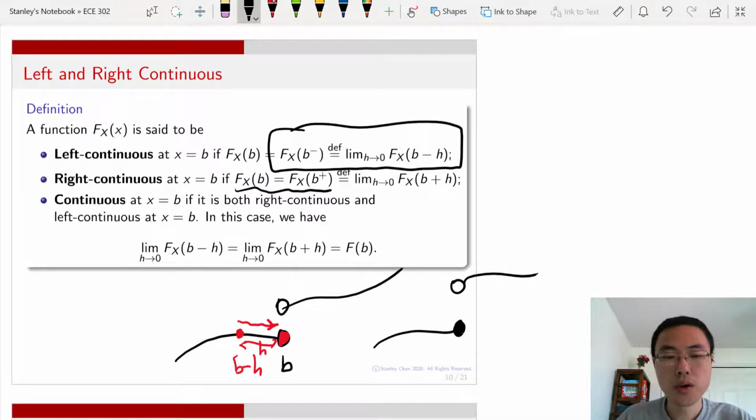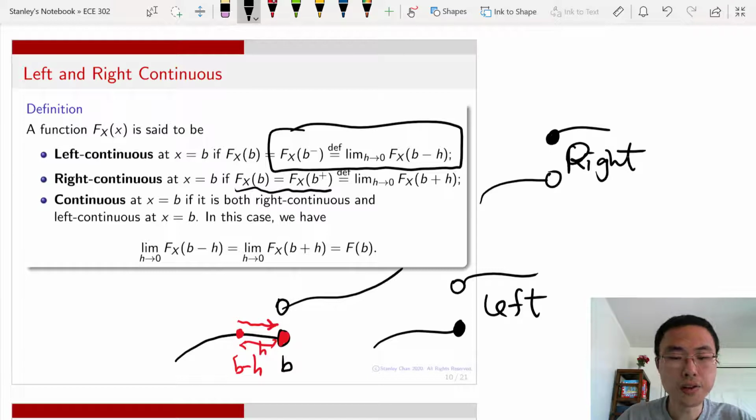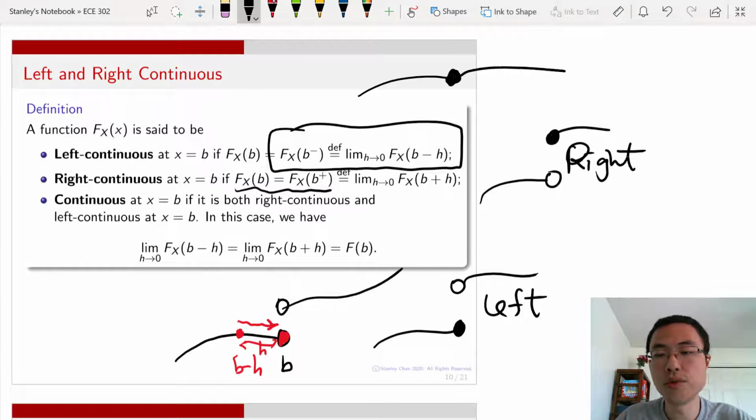Okay, right continuous says that you have a function here, and then you start with a solid dot. So this is called the left continuous. This is called the right continuous. A function is continuous at b if it is both left continuous and right continuous, because if it is continuous, then you would just have this.